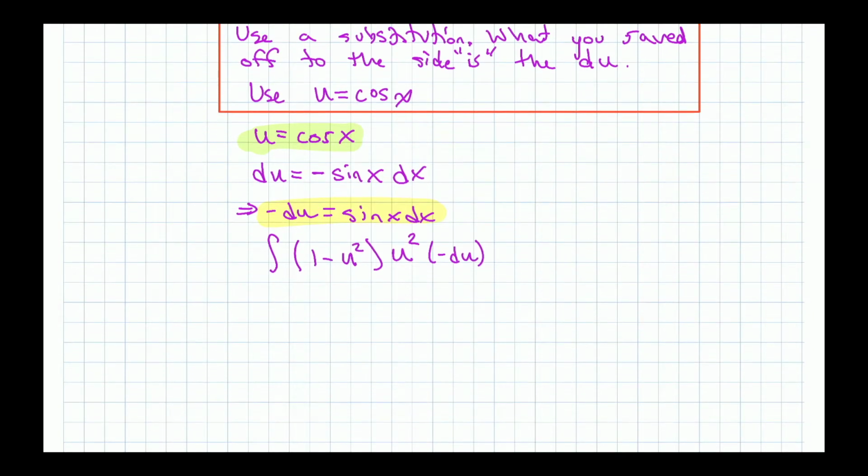All right? And now we should just be able to integrate this like normal. Of course, we have to do a little bit of simplifying, but now we can integrate like normal basically. So I'm just going to say simplify and integrate as normal.